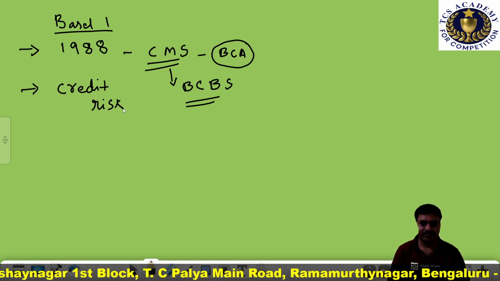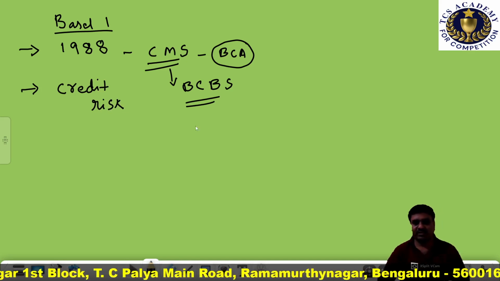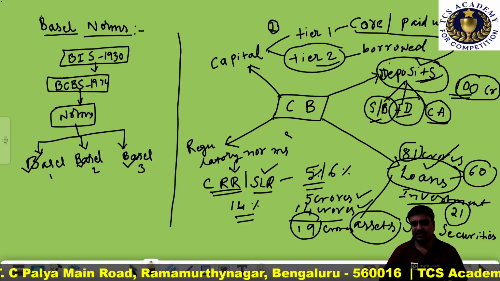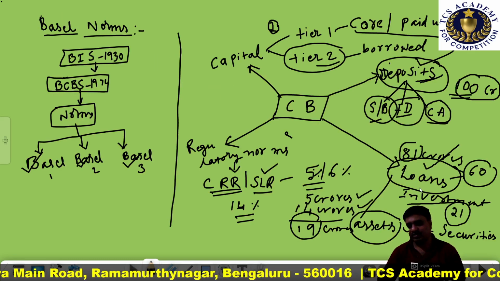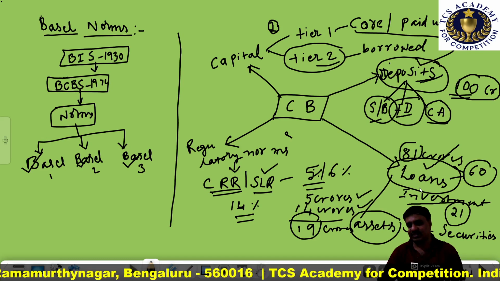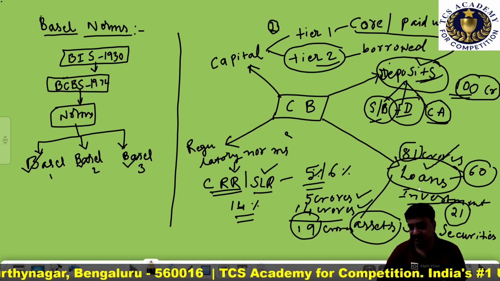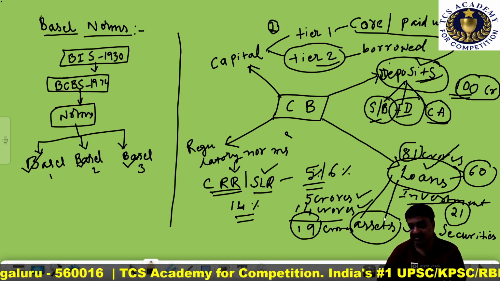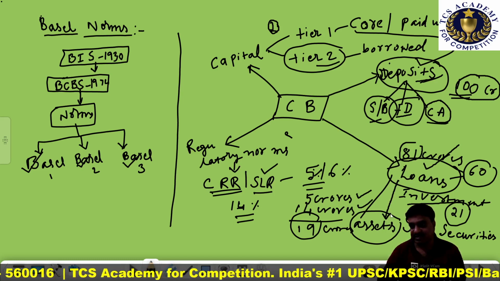Clear? Okay, so let me refer to the previous slide here. As I mentioned, the bank has given 60 crores of loans to the public. These loans are assets for the banker.